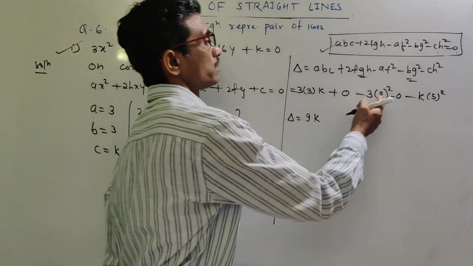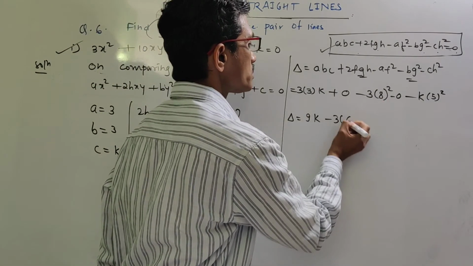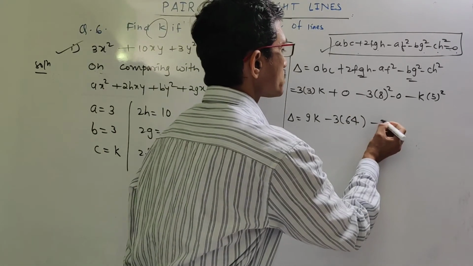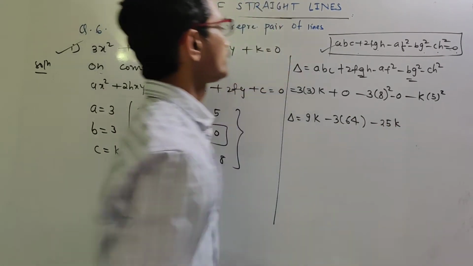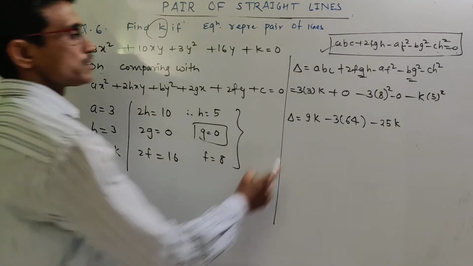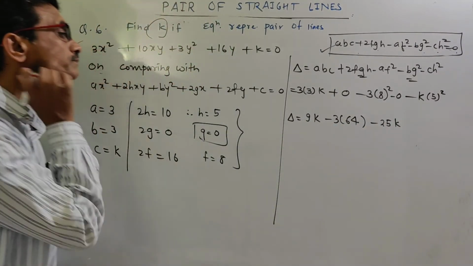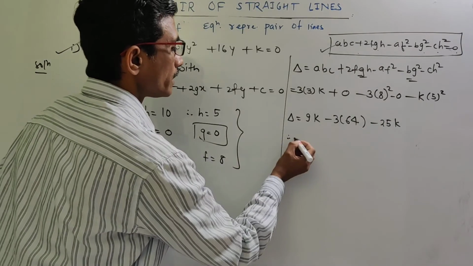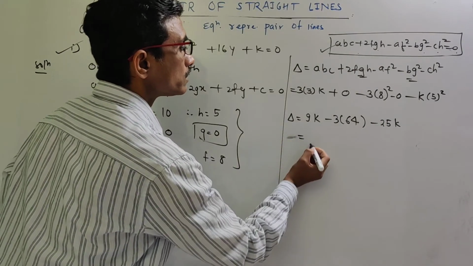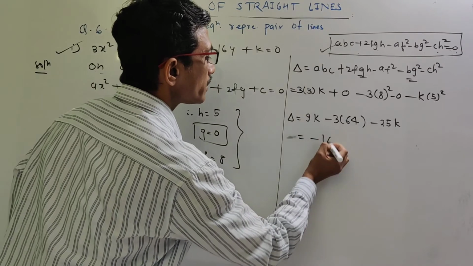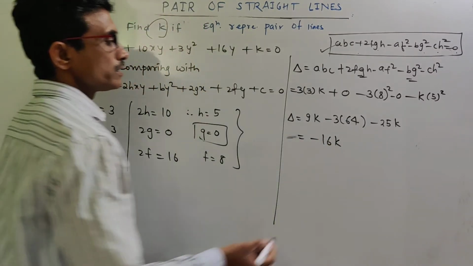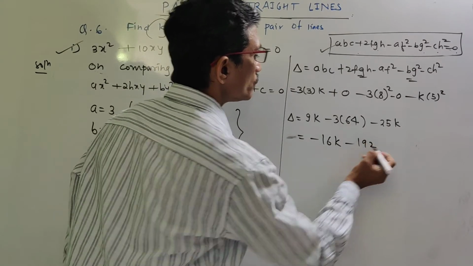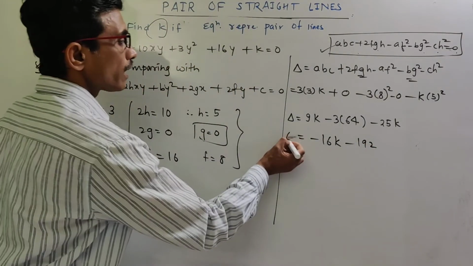then this is minus 3 into 64, then this is minus 25k, this is 16k. Delta is equal to minus 16k and minus 192, which is delta.